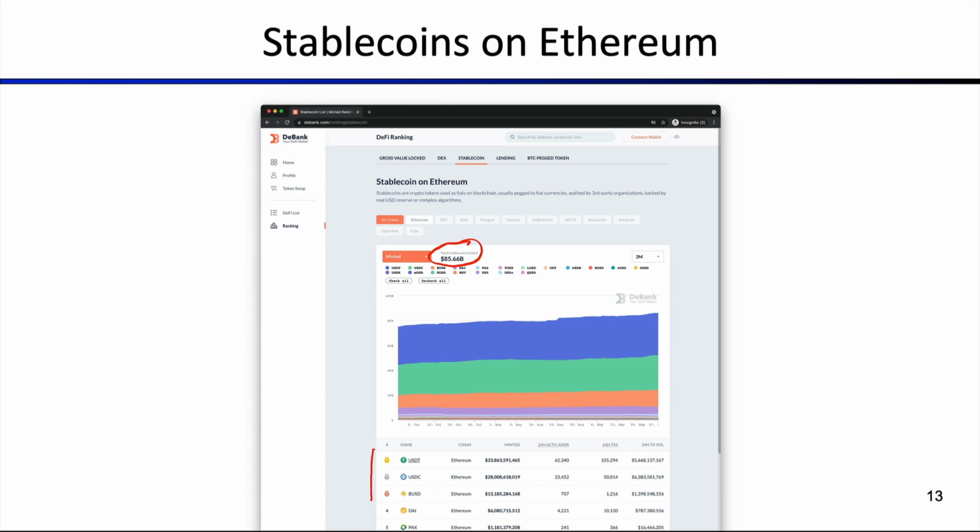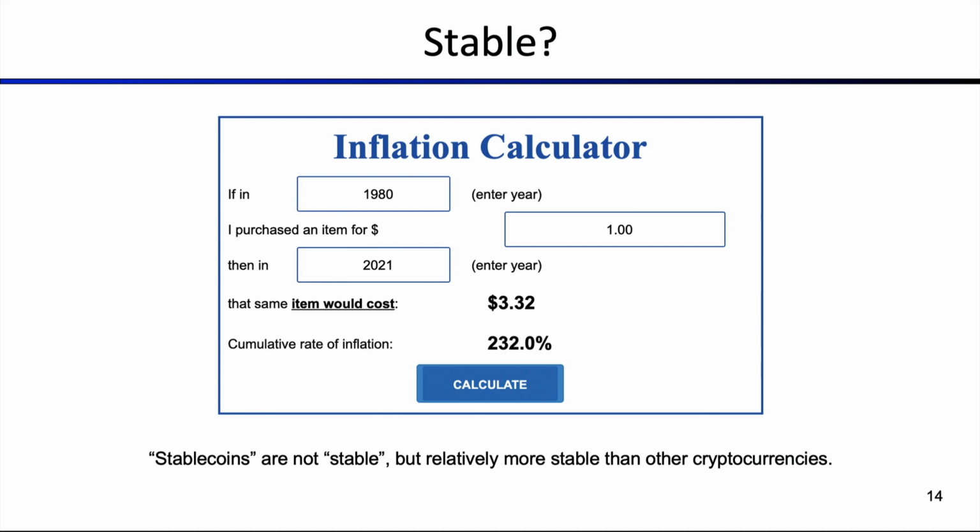You can also look into how much was actually minted, so the financial value in US dollar that was minted on chain in this particular stablecoin. And you can see a few other metrics, such as the number of active addresses in the last 24 hours, the number of transactions, and the transaction volume.